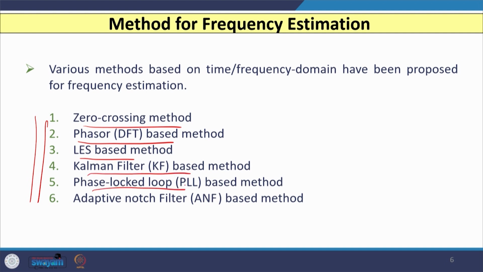Fifth is phase lock loop based, and the sixth one is the adaptive notch filter based method. All these 6 methods are used for estimation of frequency. Out of these 6 methods, we will consider the first method, that is how the zero crossing method can be utilized for estimation of frequency. So, let us discuss the zero crossing method.